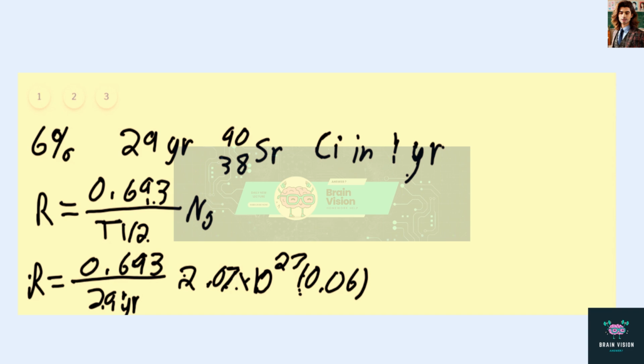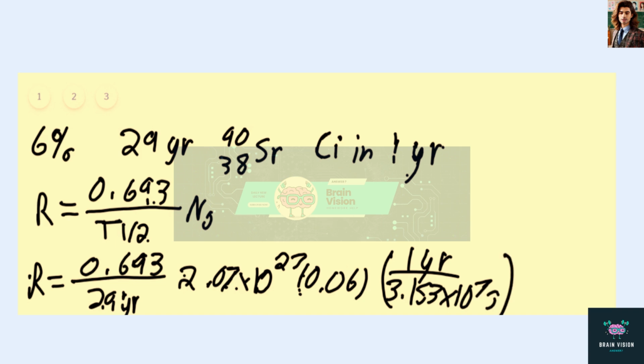And again, we need to do a conversion, which I am just going to tack on to the end of this. Since the half-life is in years, we need to change it to seconds. So we have 1 year, 3.153 times 10 to the 7 seconds. And that is our conversion.